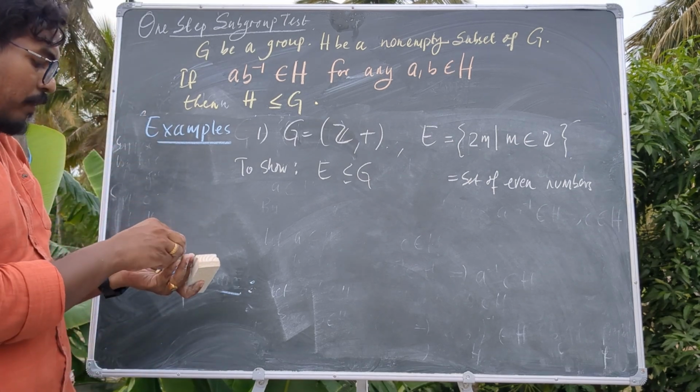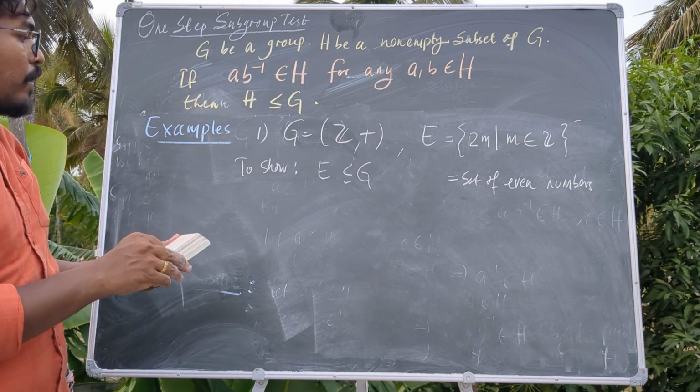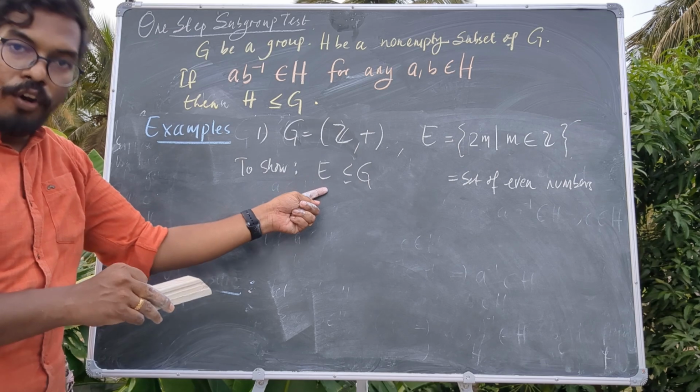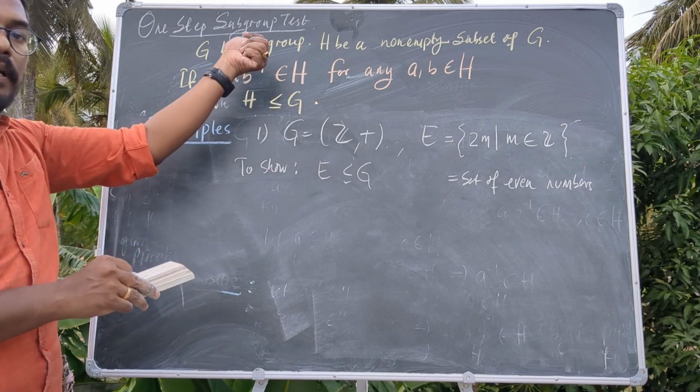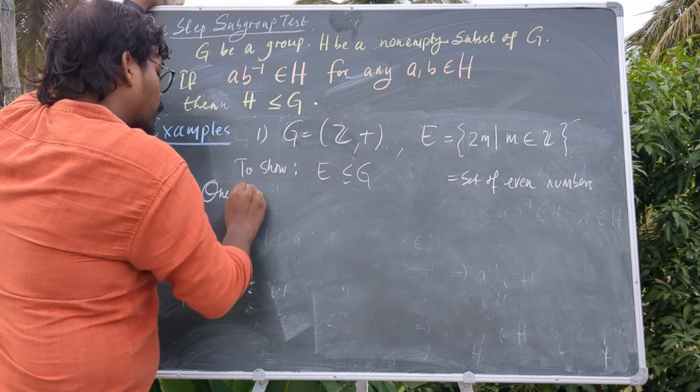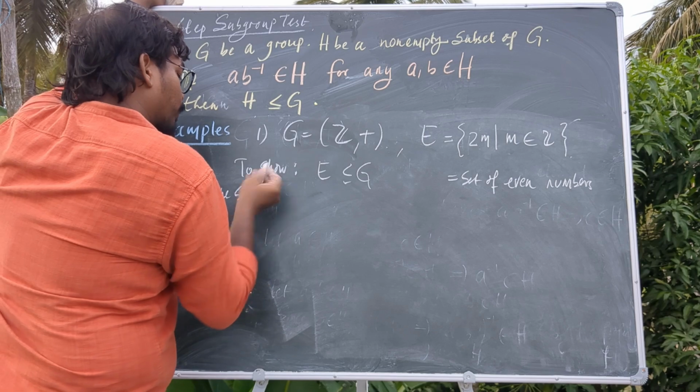First of all, we will show that E is non-empty. Then we will apply the one-step subgroup test.